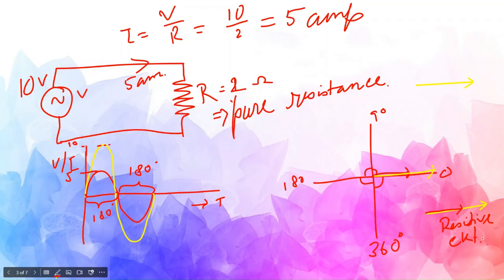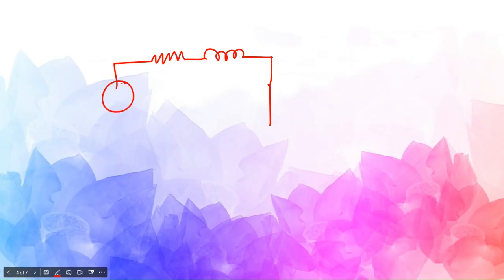Now let us see what is the case when a circuit is not only resistive. Let's say there is some resistance and there is some inductor in it, and the voltage is supplied here.